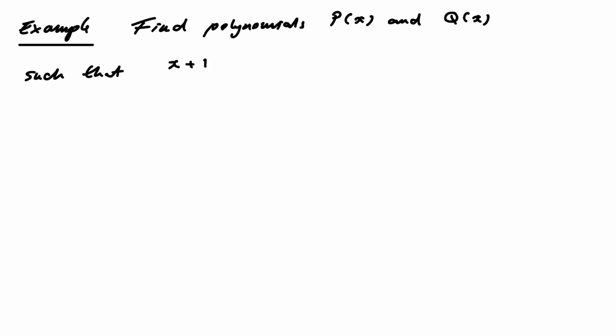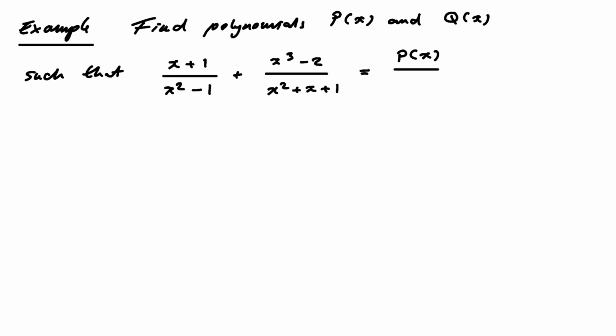So (x plus 1) divided by (x squared minus 1) plus (x cubed minus 2) divided by (x squared plus x plus 1) is equal to this p(x) over q(x). So really all I'm asking here is to take the left-hand side and combine everything into one expression and then make sure that you write it as a polynomial divided by a polynomial.